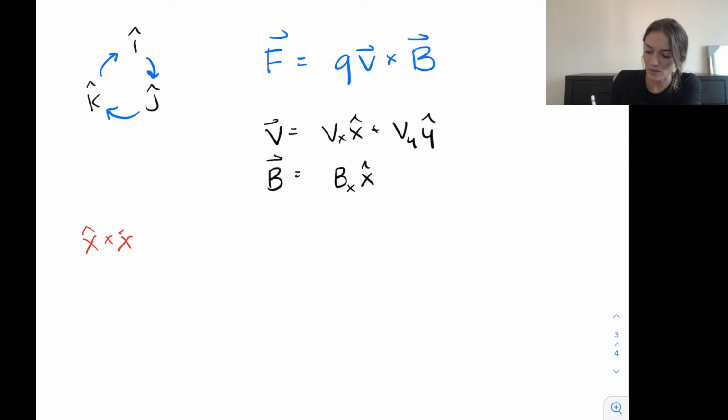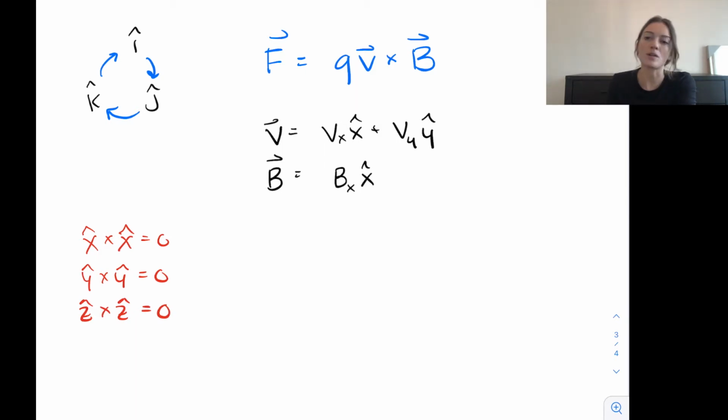Like x crossed into x is 0, y crossed into y is 0, z hat or k hat, whatever, z hat crossed into z hat is 0. So the cross product of parallel vectors is always 0. The definition of cross product is that it takes two perpendicular vectors and returns a third mutually perpendicular vector.